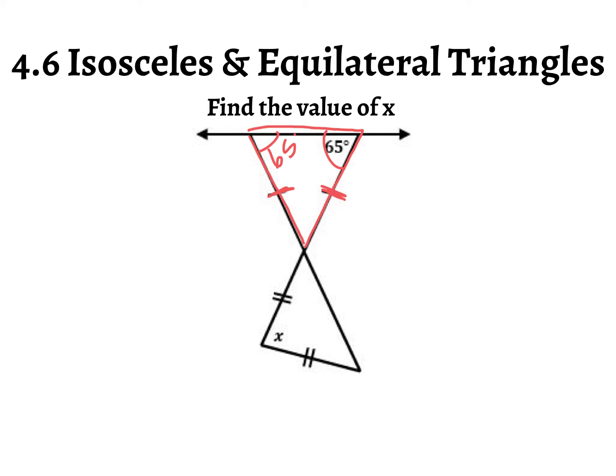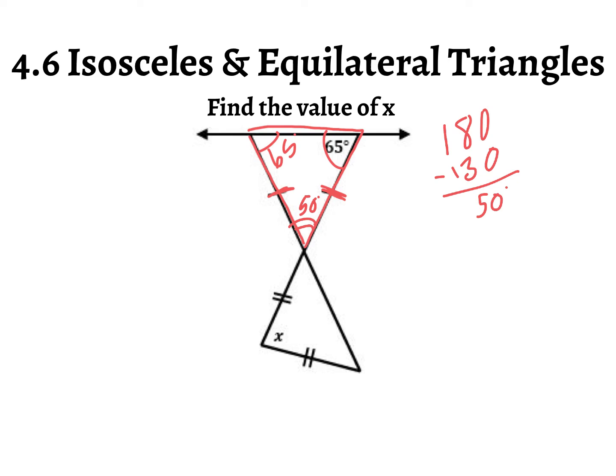Now, if I know that they're both 65, and all of these three angles in this triangle add up to 180, 65 plus 65 is going to equal 130. Now, since they all add up to 180, I can subtract 130, and I'm left with 50 degrees. So this angle right here equals 50 degrees.